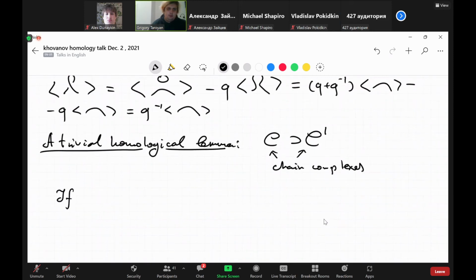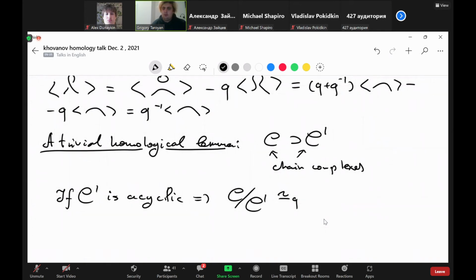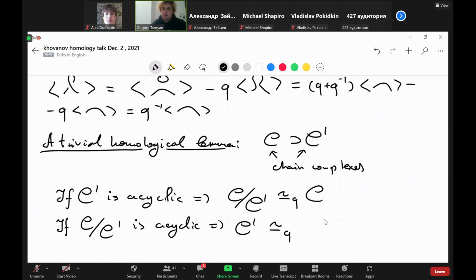If C prime is acyclic, then the homology of C modulo C prime is the same, by this quasi-isomorphism, meaning the same homology, as the homology of the initial complex. Similarly, if C mod C prime is acyclic, then we have a quasi-isomorphism between C prime and C.